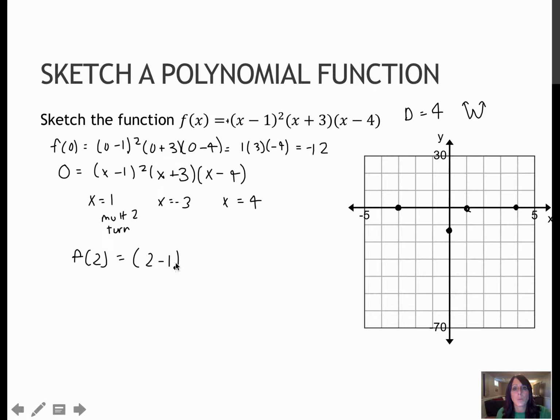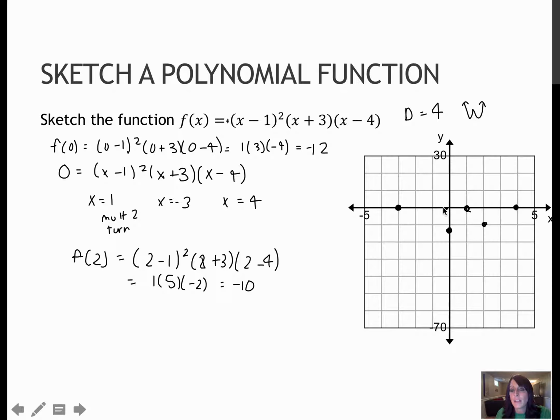So (2 minus 1) squared, (2 plus 3), (2 minus 4) gives me 1 squared, which is 1, times 5 times negative 2, which is negative 10. So at 2, we're at negative 10. If you wanted, you could even plug in 3. So plugging in 3 would give me a little more idea as to what's happening between these 2 points.